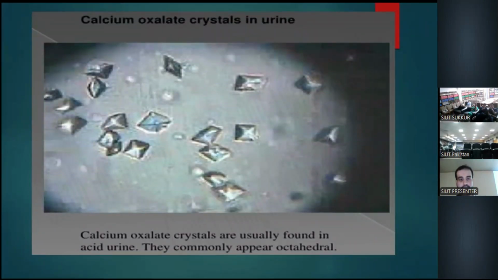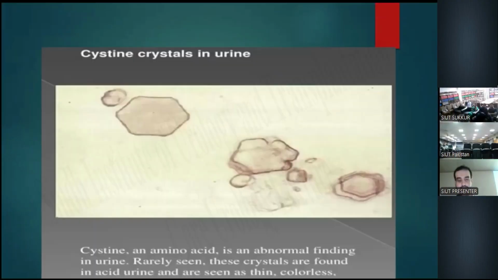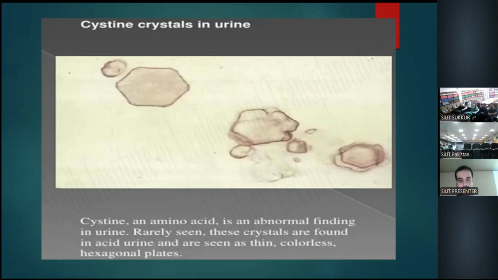So this is the shape of calcium oxalate crystals in the urine. The shape of crystals is very important to identify the type of stone. It is like a picture.